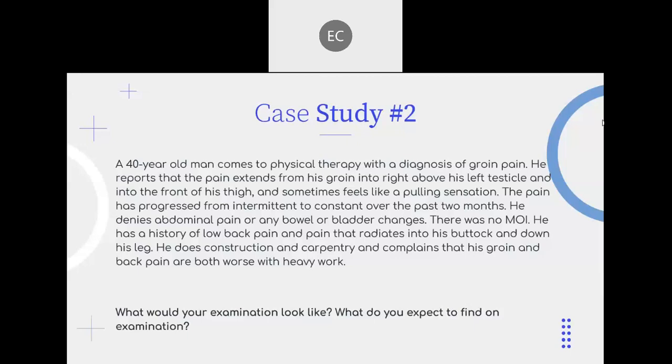I would also test his dynamic use of his abductors with single leg stance, just looking for Trendelenburg. And for the pelvic floor, I would suspect possibly hypertonicity as well.